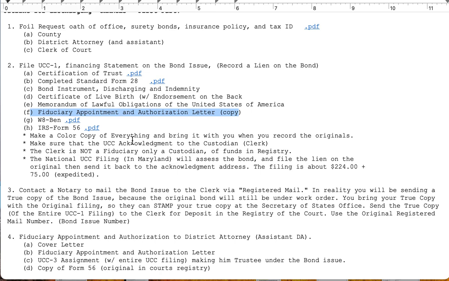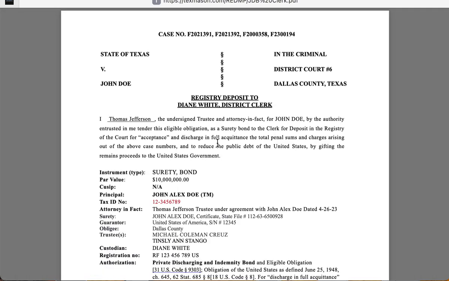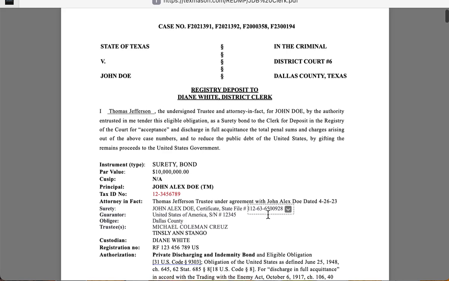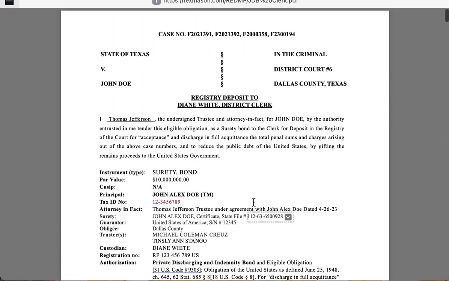This is what it's going to look like. Right, this is what the clerk will receive. So the first document received is the UCC-1 financing statement, right? And then behind the financing statement, they will receive this. This represents everything. Here's a registry deposit to the clerk.